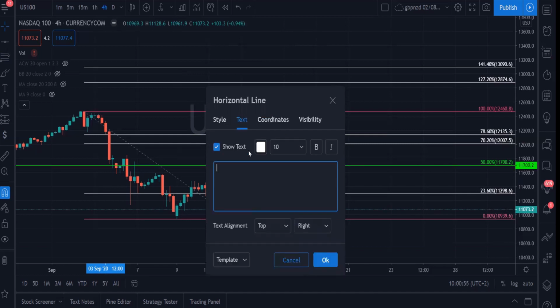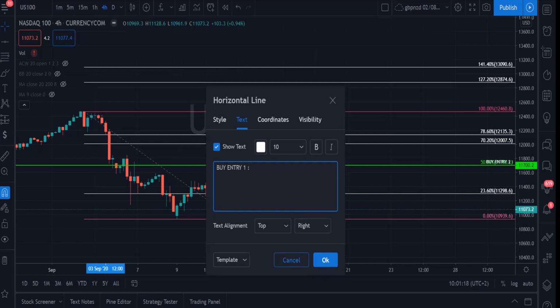Then I'm going to type in what this line means to me. For now, this line means it is a buy entry. Let's say buy entry 1, okay? I want to call it buy entry 1.